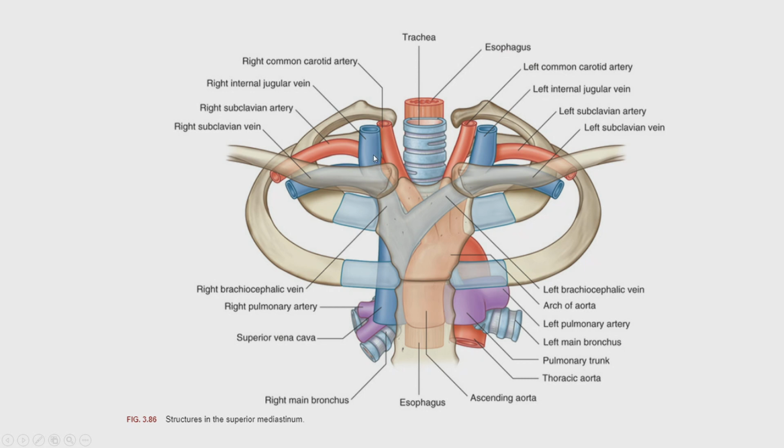Behind this area you can see the junction of the internal jugular vein and the subclavian vein as a venous angle, and the formation of the right and left brachiocephalic veins, which finally form the superior vena cava, going to the pericardial sac and entering the right atrium.